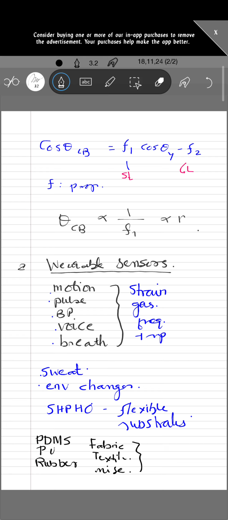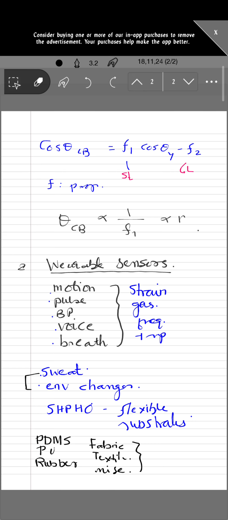Okay. So by using these materials, we make sure that the environmental changes or any changes occurring in the human body do not affect the properties of the wearable sensors.